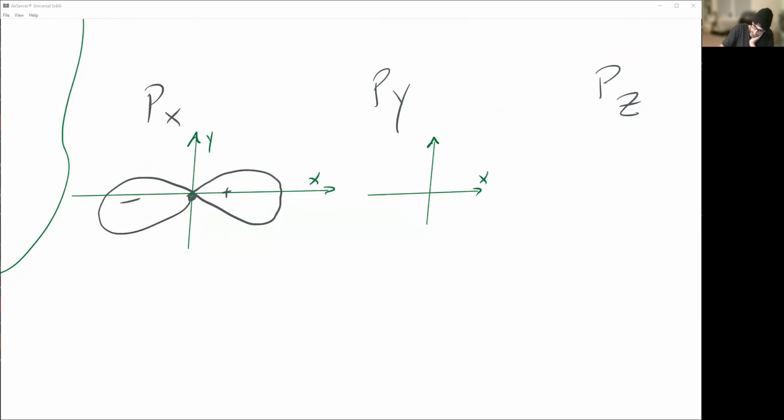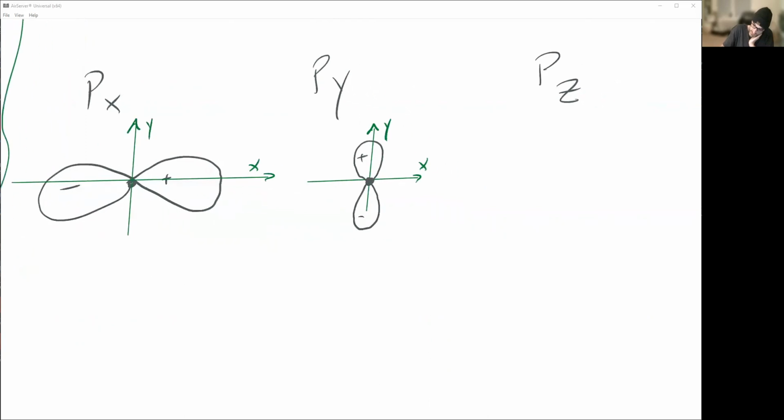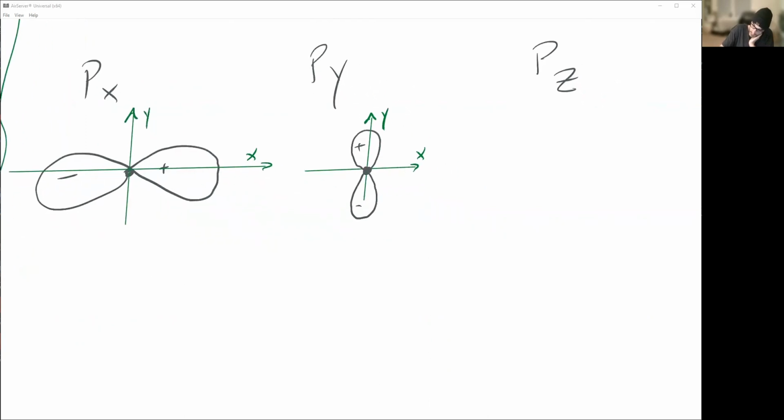So if this is X and this is Y, it's going to be a barbell in the Py direction. And then the Pz is going to be a little bit different.